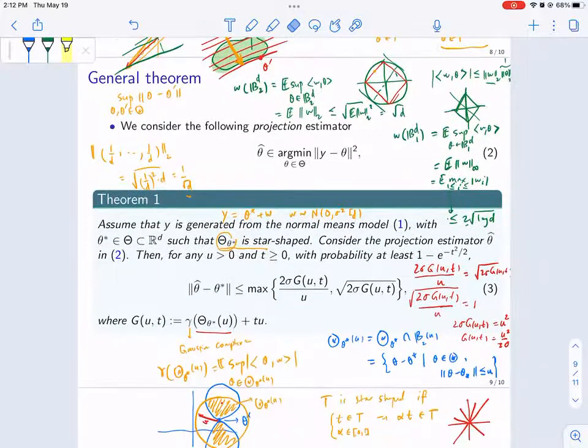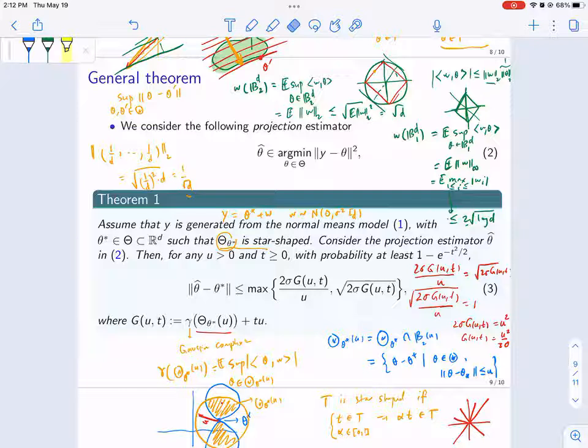So what we're doing here is relating the Gaussian width or Gaussian complexity of this neighborhood of the truth to the performance of the estimator. In order to understand this result, we have a result which depends on this radius u. We can try to choose u that is basically optimal in a sense.